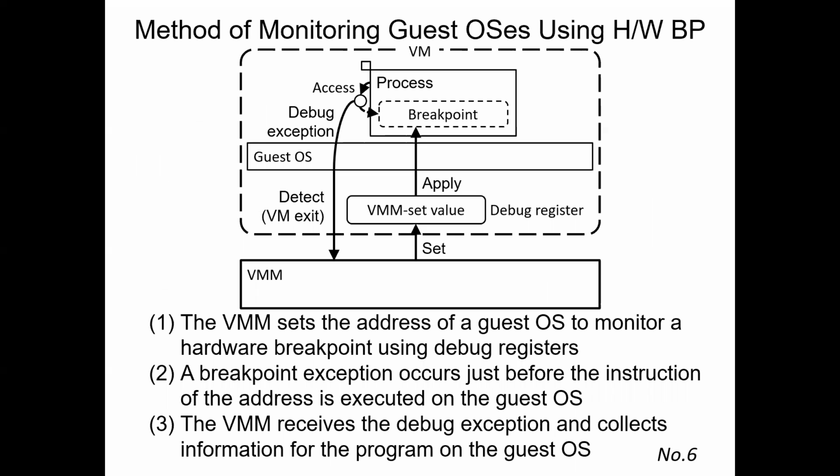First, the VMM sets the address of a guest OS to monitor as a hardware breakpoint using a debug register. Next, a breakpoint exception occurs just before the instruction at the address is executed on the guest OS. Finally, the VMM receives the debug exception and collects information for the program on the guest OS.